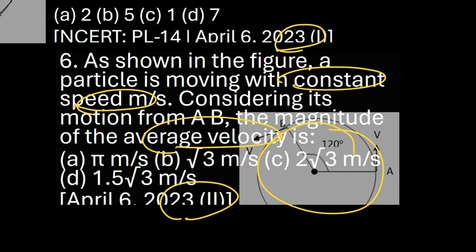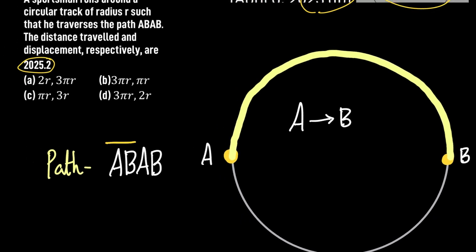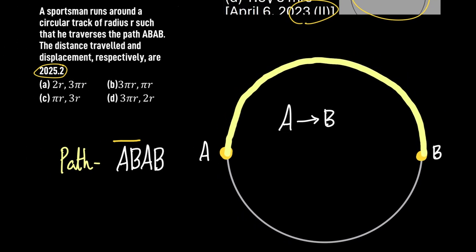So that's what I'm trying to say: if you spend a significant amount of time understanding the concepts, instead of working out random solutions, and then try to apply the learned concepts, if you just learn your concepts and then practice only the previous year questions, the probability of you clearing the exam with a high score is really, really high compared to those students who spent time solving random questions.